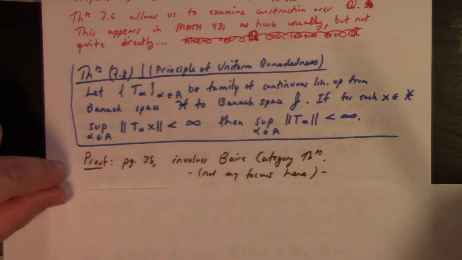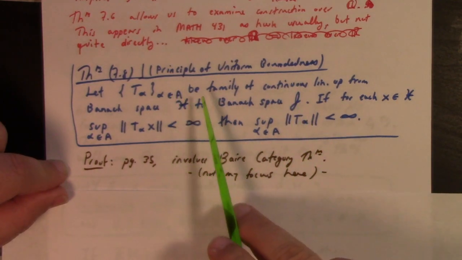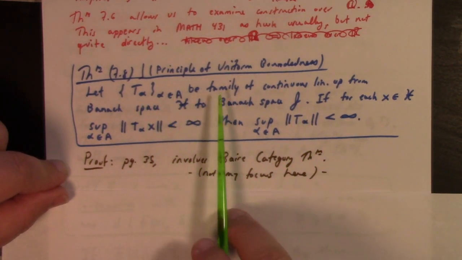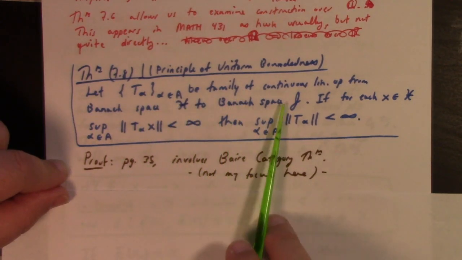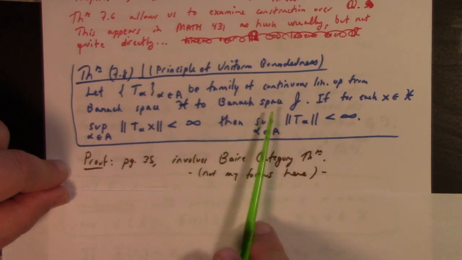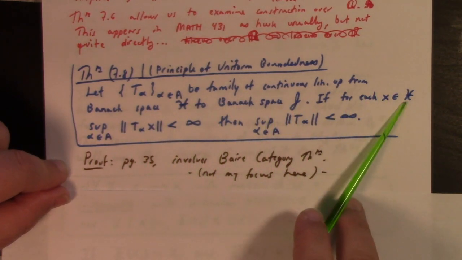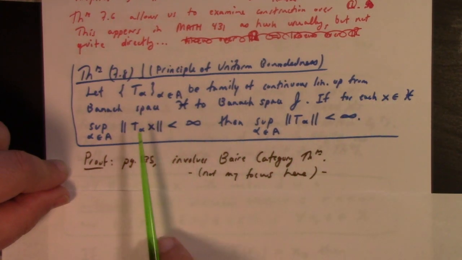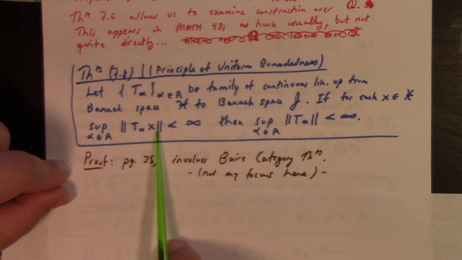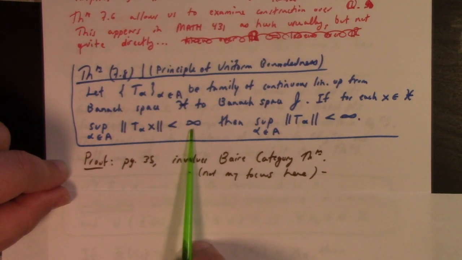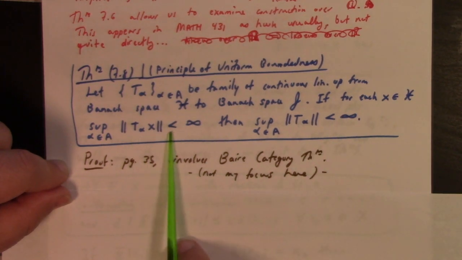Anyway, and then Theorem 7.8, the principle of uniform boundedness. Here he takes a family of continuous linear operators from a Banach space X to a Banach space Y, and we suppose that for each x in the normed linear space, the supremum over this family with respect to that one point x is less than infinity. But I mean that happens for each x, right?